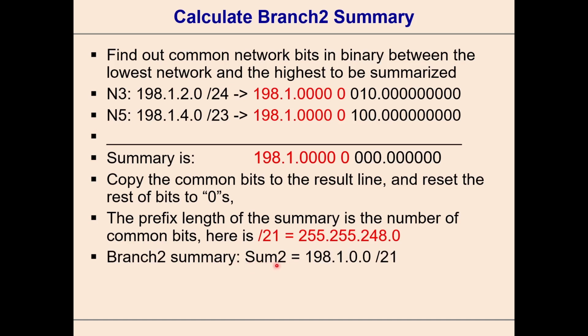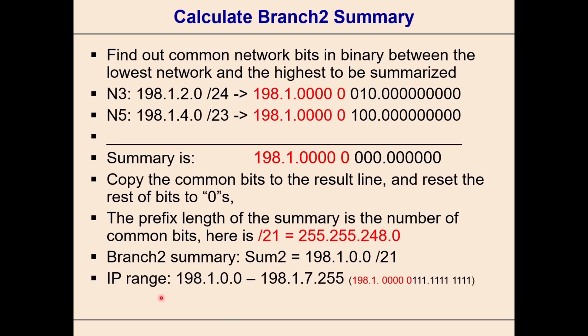We use sum2 representing the branch 2 summary. The result is 198.1.0.0/21. So the IP range for the summary is 198.1.0.0 up to 198.1.7.255.